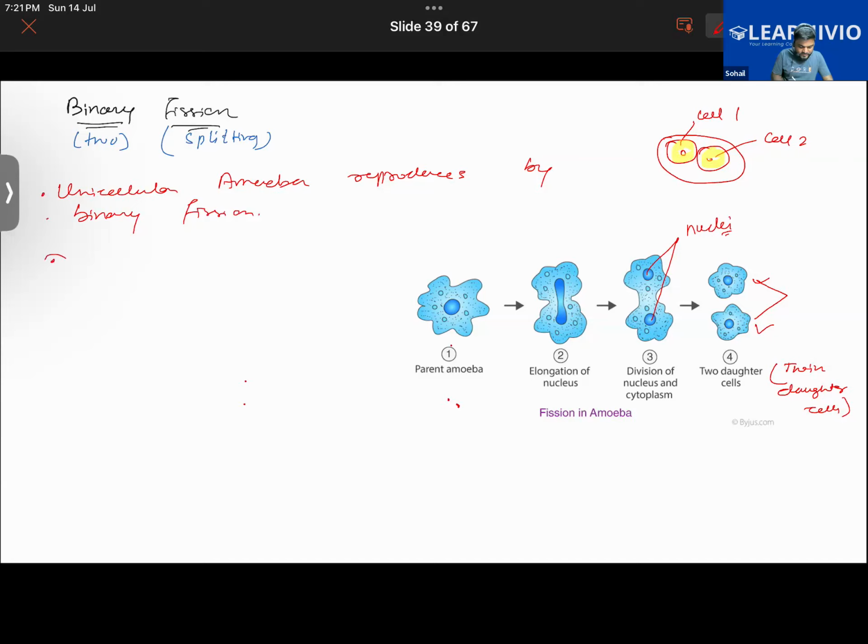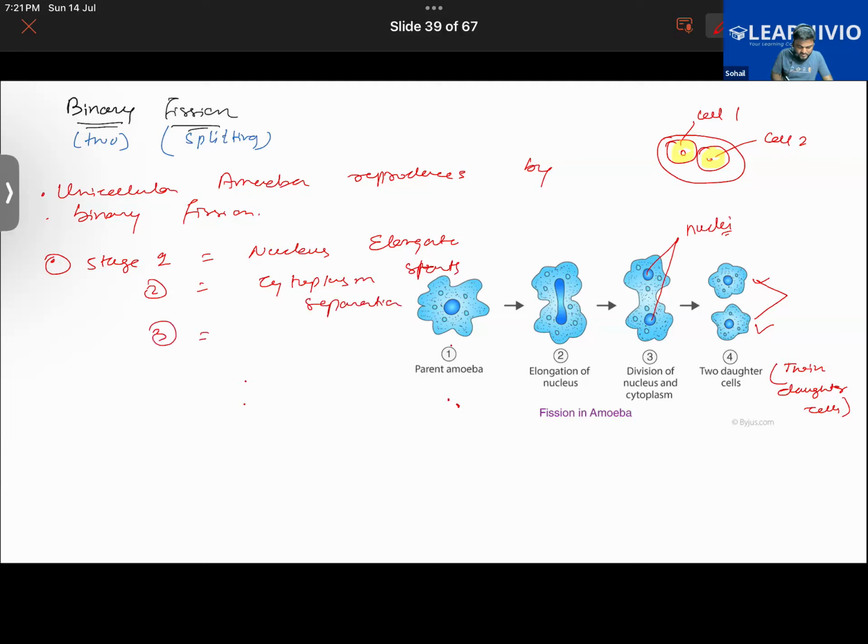It does it in the following steps. In stage 1, what happens? Nucleus elongates, as we learned. In stage number 2, what happens? Cytoplasm starts separating.